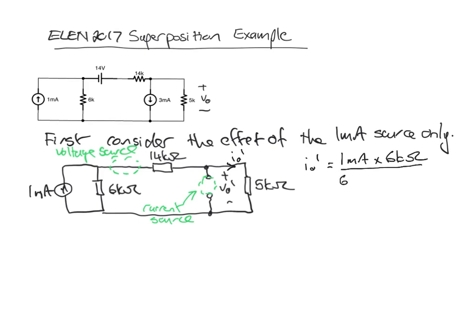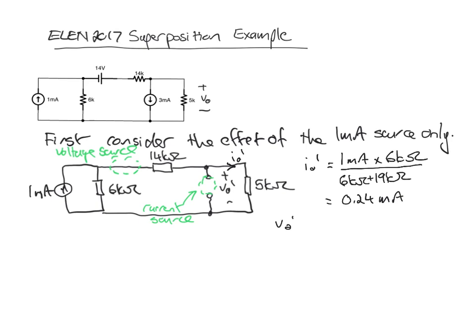So that's the 6 kilo ohm in the one branch and 19 kilo ohms in the other branch. And that turns out to be 0.24 milliamps.